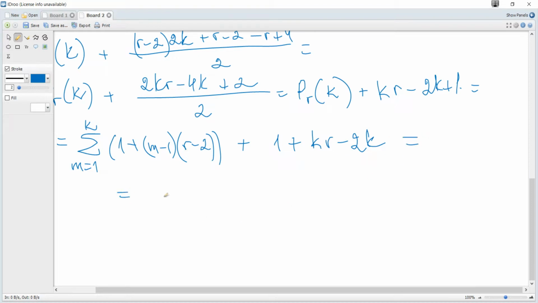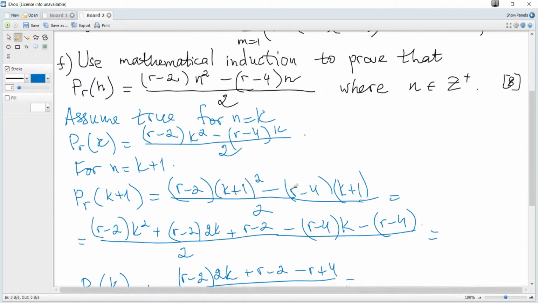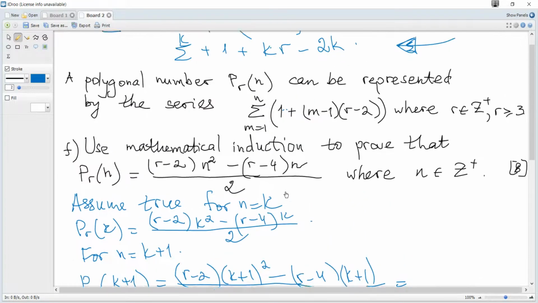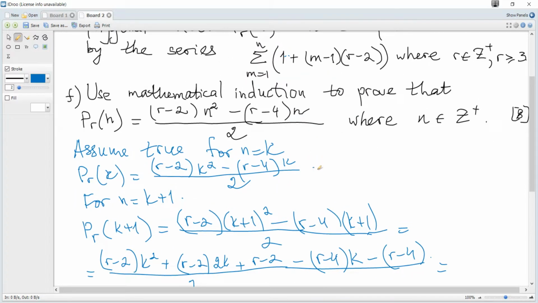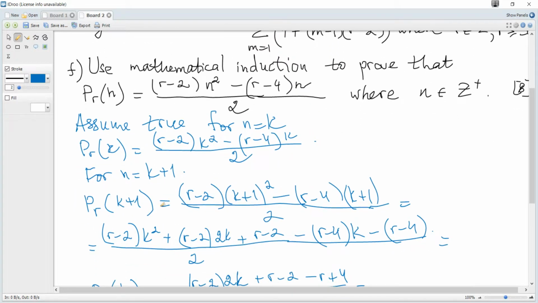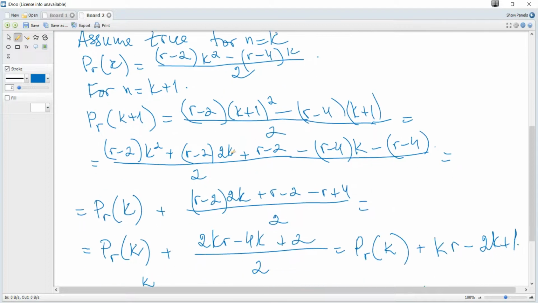So finally it is equal to the sum from 1 to k plus 1 of 1 plus (m minus 1)(r minus 2), and it's actually like the definition of a polygonal number Pr of n, and we can see that our proposition is true as required.